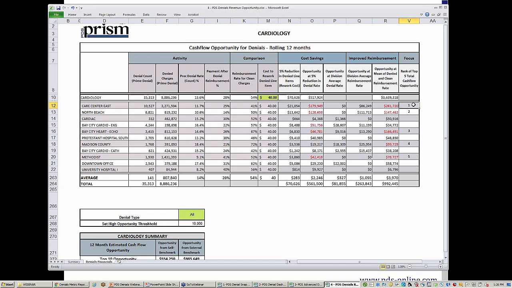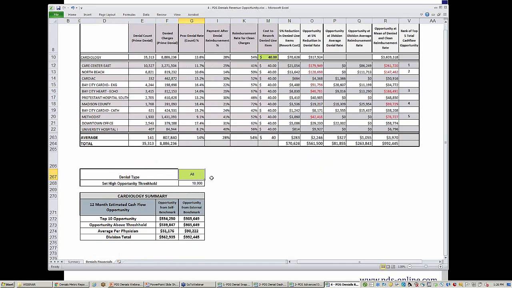This allows us to focus our efforts in areas that are going to provide us the biggest bang for the buck and help us to better understand where we are performing poorly, where we are performing well, and we know that those low-performing areas have the ability to perform as well as the high-performing areas. This allows us to look at what the anticipated financial return will be, which is a very compelling argument when you're trying to drive strategic change within your organization and when you're trying to set goals.